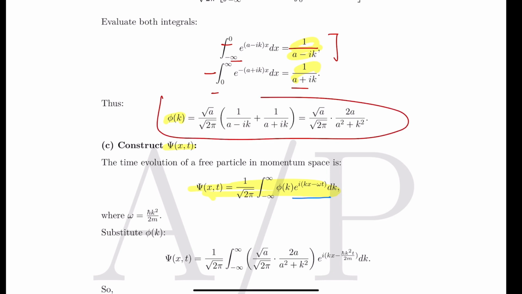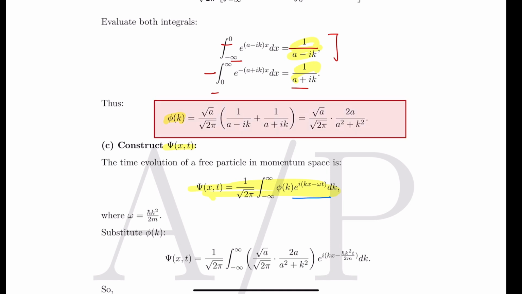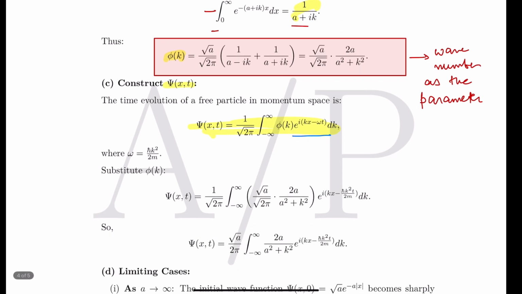Now when we combine them, we get the final result, which yields the wave function in terms of the wave number as the parameter. Now let us construct the time dependence of the given wave function.